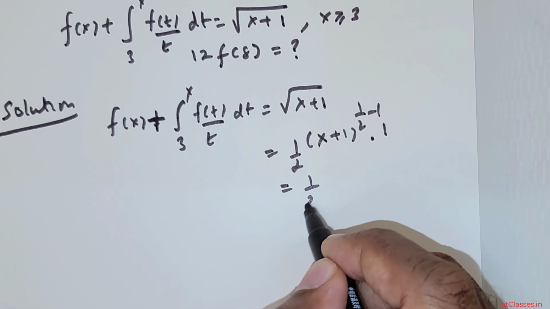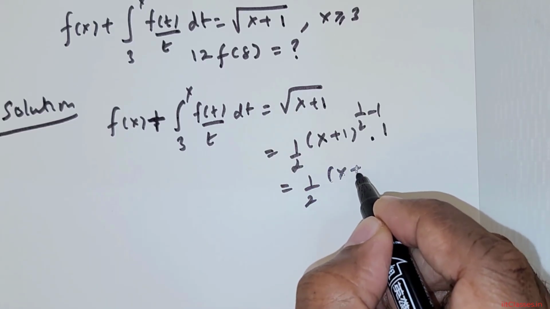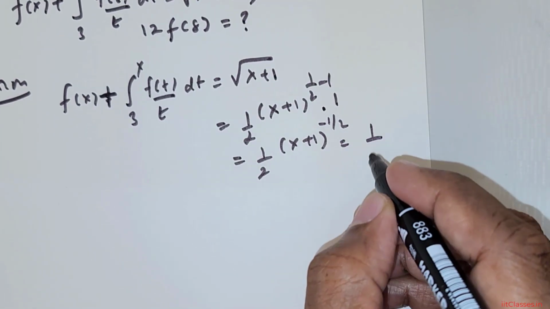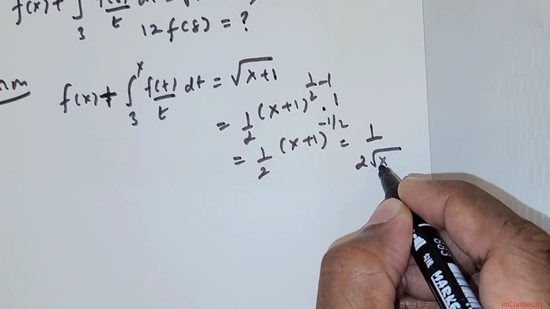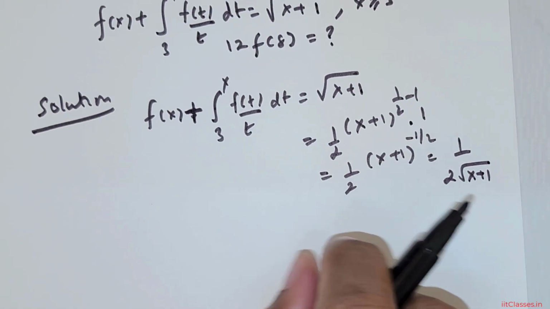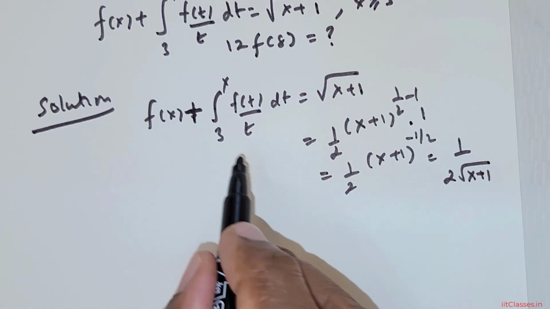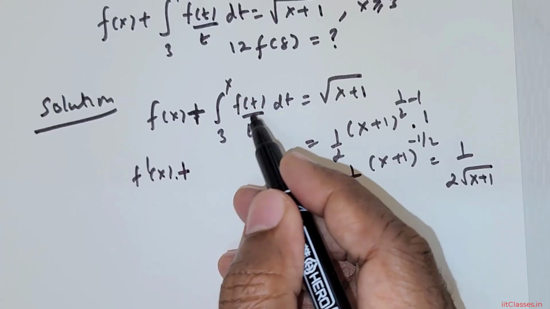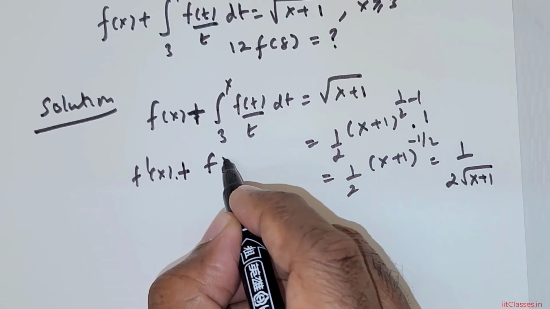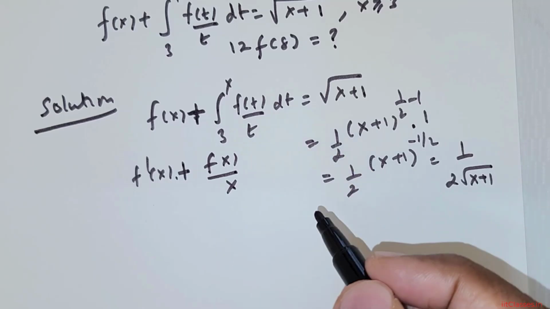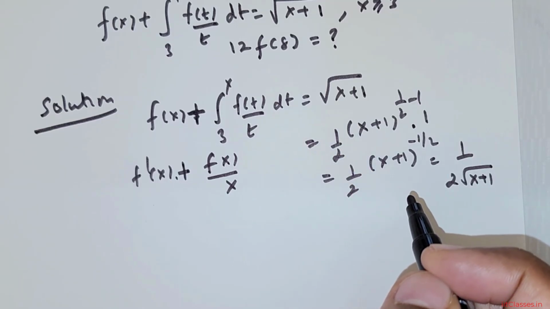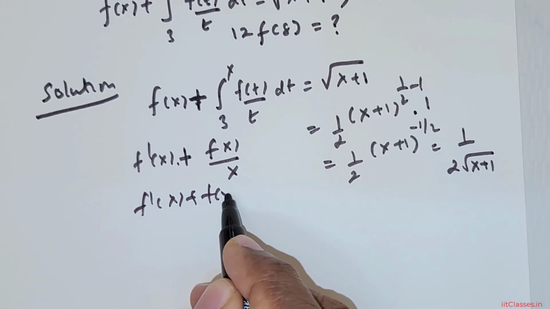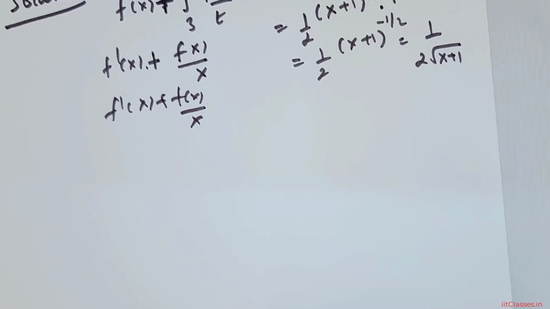So this is rewritten as 1/2 times (x+1) raised to the power of −1/2, which can be rewritten as 1/(2√(x+1)). Okay, coming to the left hand side, differentiation of f is f'(x). Now this differentiation is going to be f(x)/x. Let me rewrite this again: f'(x) + f(x)/x.